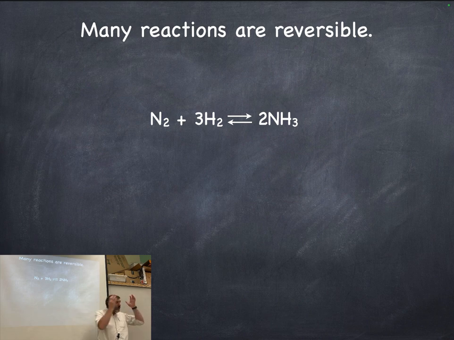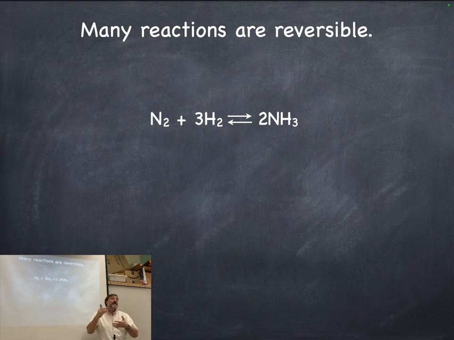Because while we have done a ton of stoichiometry and said the reactions run to completion, we use up all the reactants to produce products until we run out of something, it turns out that the vast majority of the time, that is not how chemical systems work. Reactants turn into products, but at the same time, the products start turning into reactants.